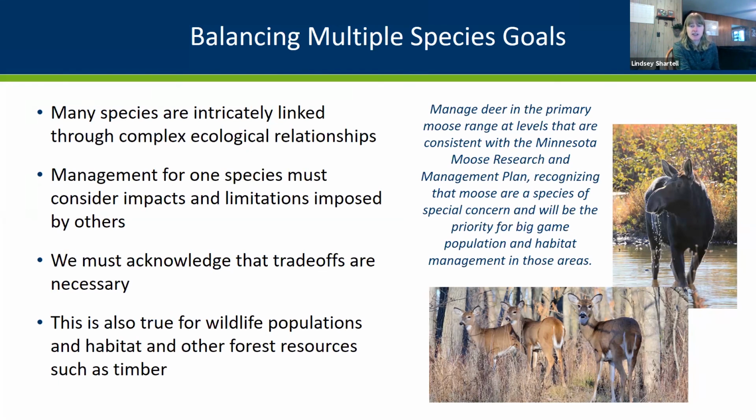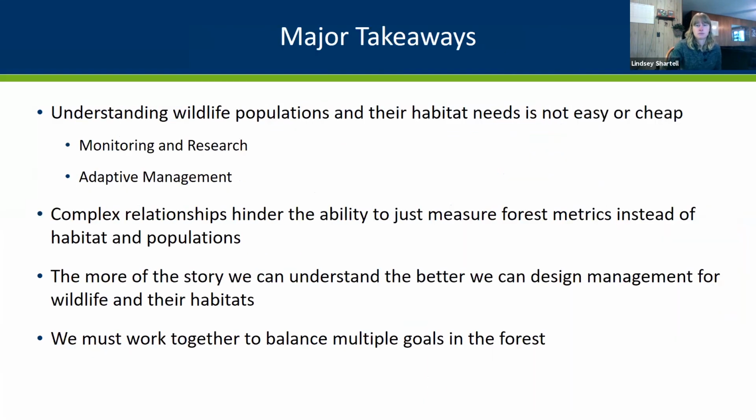The direction is to manage deer in the moose range at levels consistent with the moose plan, recognizing that moose are a species of special concern and they will be the priority for big game population and habitat management in those areas. This need for a trade-off is also true for wildlife populations and habitat and other forest resources such as timber.